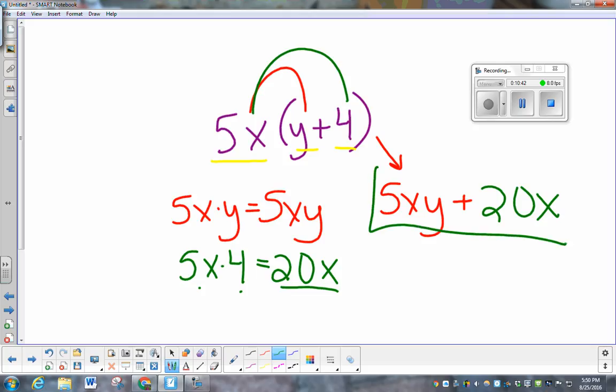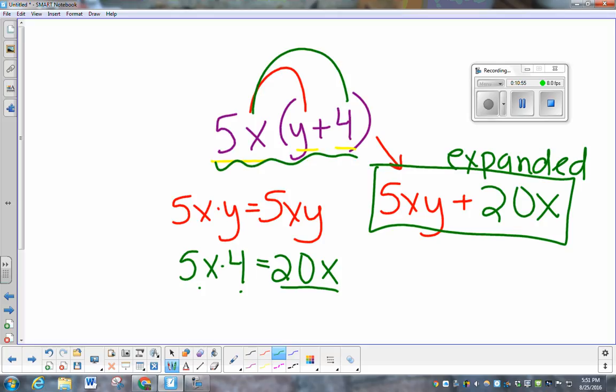So this right here is called expanded form. Okay, so we expanded it out. And this first version is called factored form. Because the parts of a multiplication problem are called factors, and we have two factors here, this and this. They're being multiplied, so that's why it's called factored form.